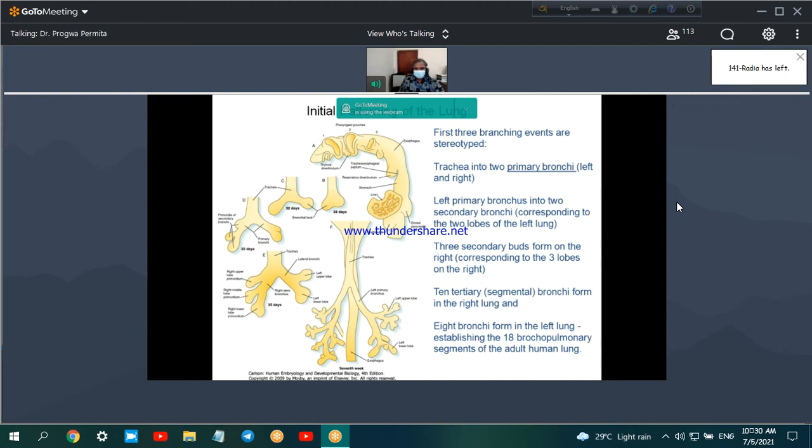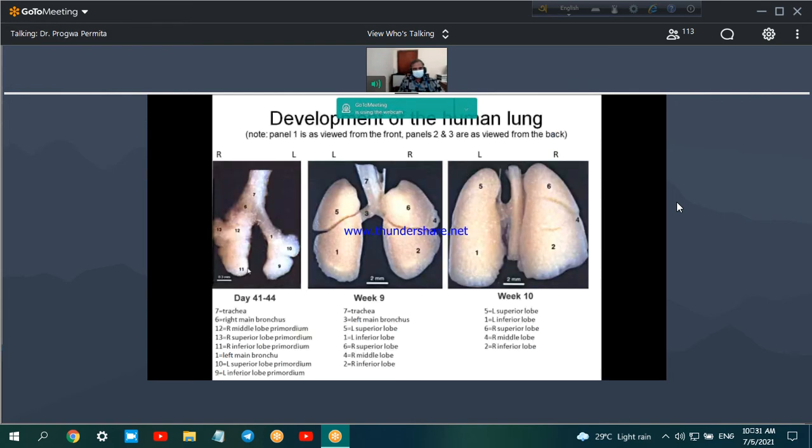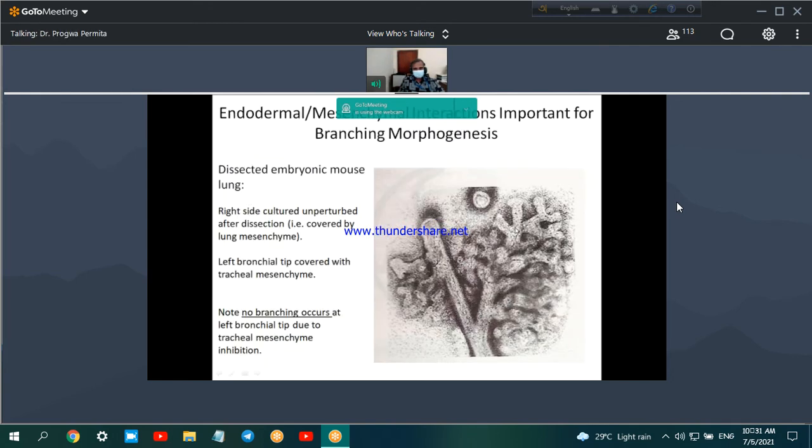So this establishes the 18 bronchopulmonary segments, a total of 18 bronchopulmonary segments of the adult human lung. This is the patterning of the lung.